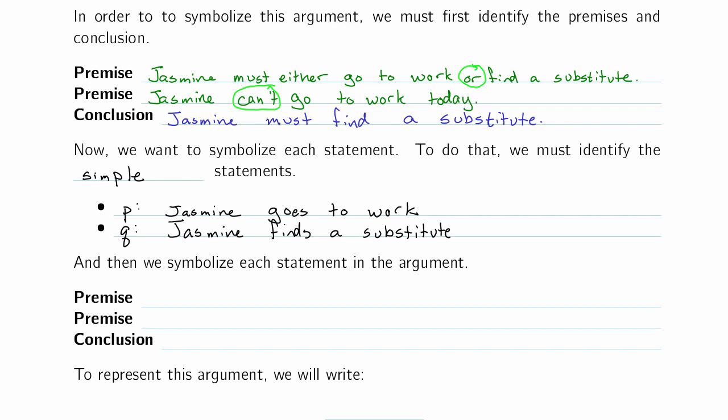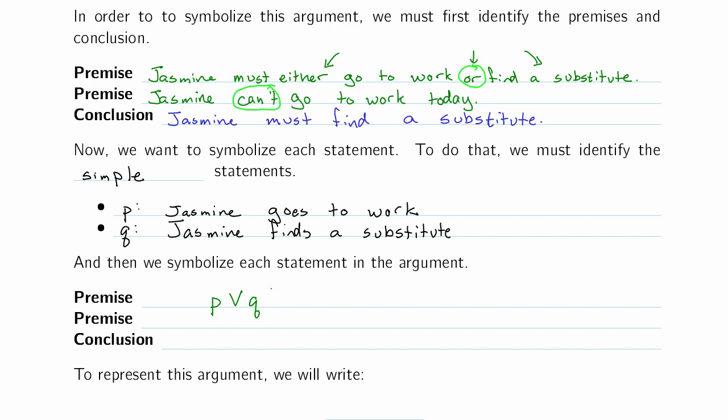Now, again, we're seeing why we need to make our simple statements positive, or at least be consistent in how we symbolize a statement. Because in our first premise, we have Jasmine must go to work or find a substitute. That's going to be P, Jasmine goes to work, or Q, Jasmine finds a substitute.